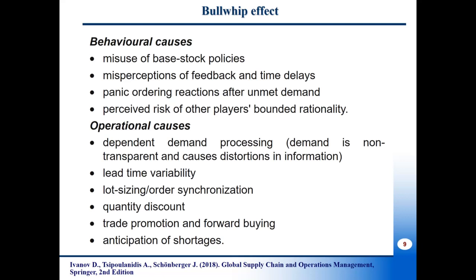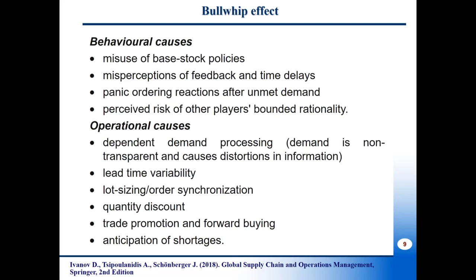Once a back order occurs, supply chain members will try to anticipate future demand by assuming that the level of future demand is close or equal to the current demand. Fourth, perceived risk of other players' bounded rationality. For example, information transferred in the form of orders tends to become distorted as firms seek to protect themselves from demand uncertainty or shipping delay.